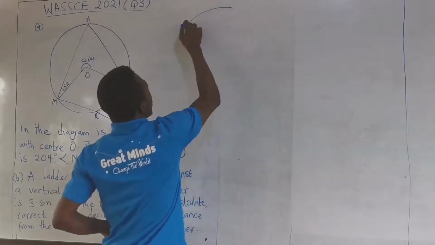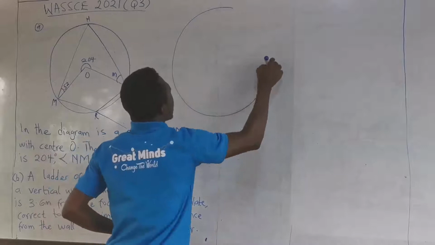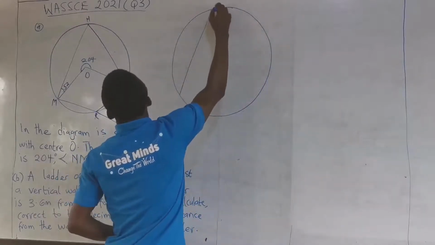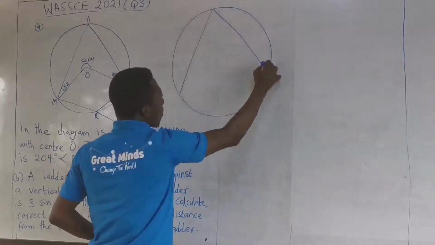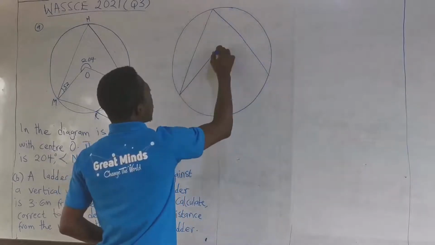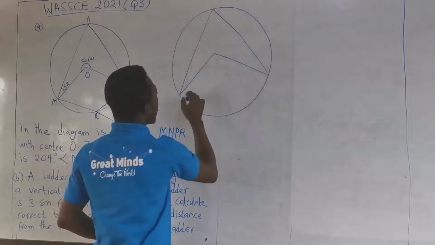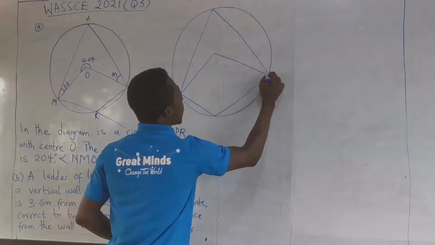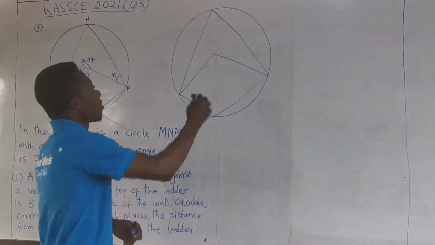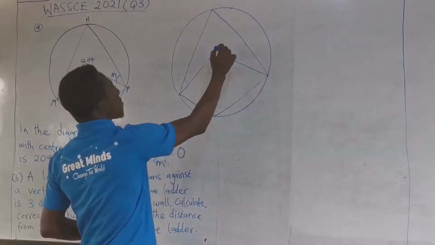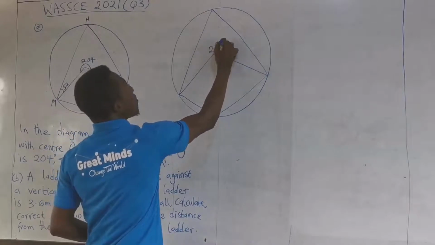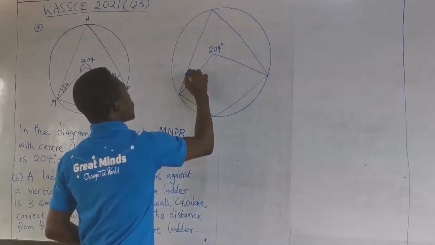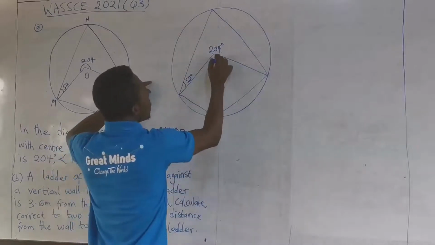So we have the reflex angle of 204 degrees, and we have 52 degrees here.